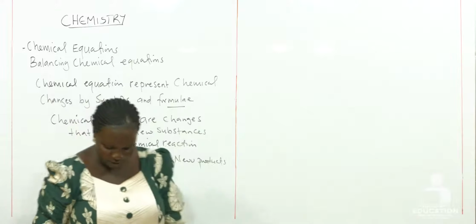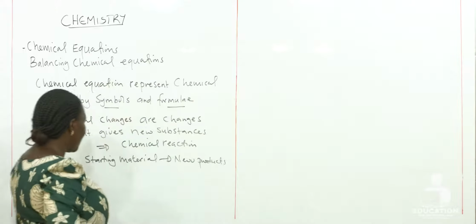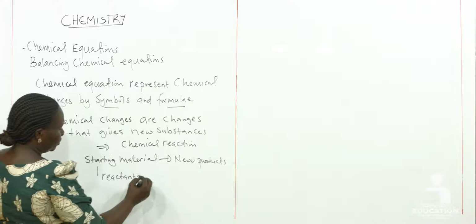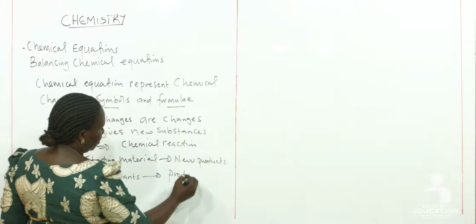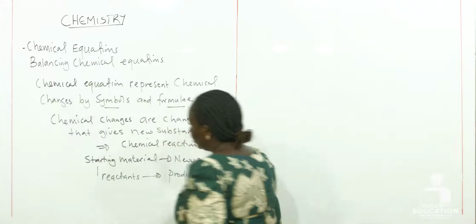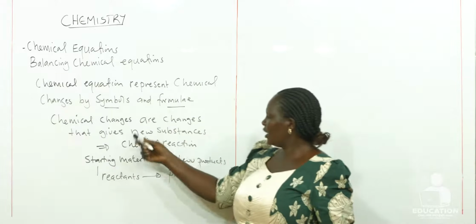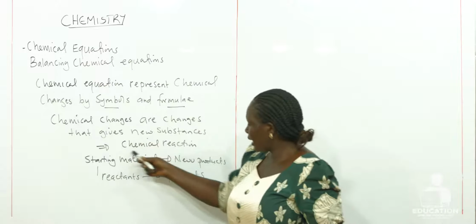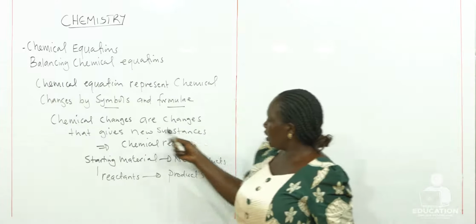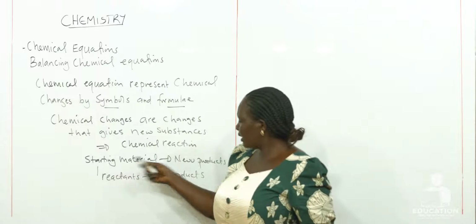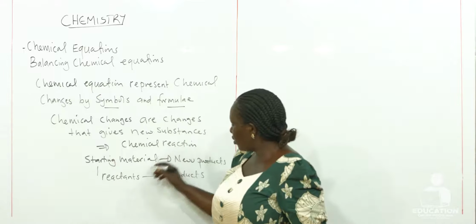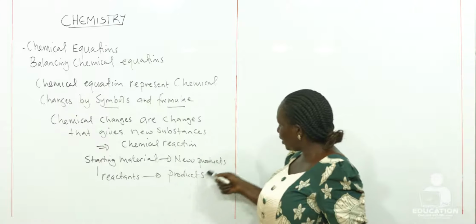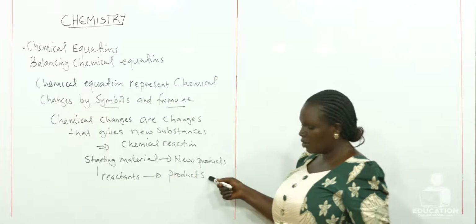The starting materials are called reactants, and they give us products. So instead of calling it a chemical change, we call it a chemical reaction. In a chemical reaction, the starting materials are called reactants, and the final substances given out are called the products.